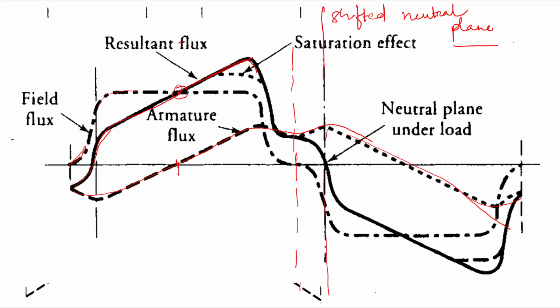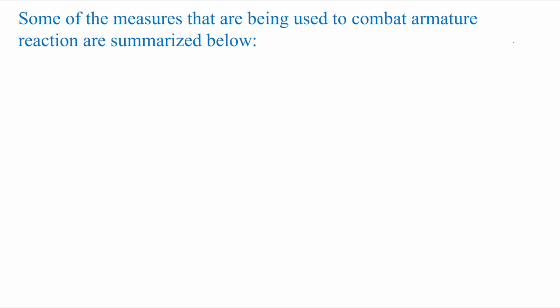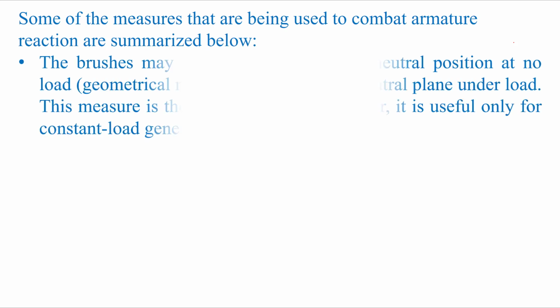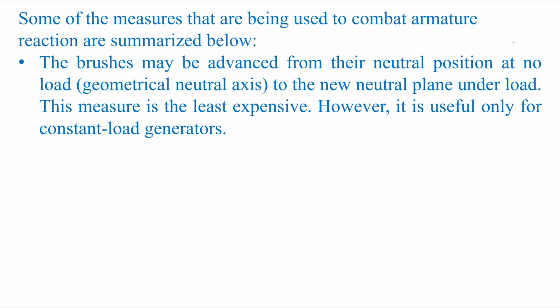Sometimes we call them interpoles because they are placed in between the main poles, or sometimes we call them compensating poles. Now we can see what countermeasures we can take. Some of the measures being used to combat armature reaction: the first point I have discussed, that we can change the brush position every time we change the load, which is actually not practically feasible.